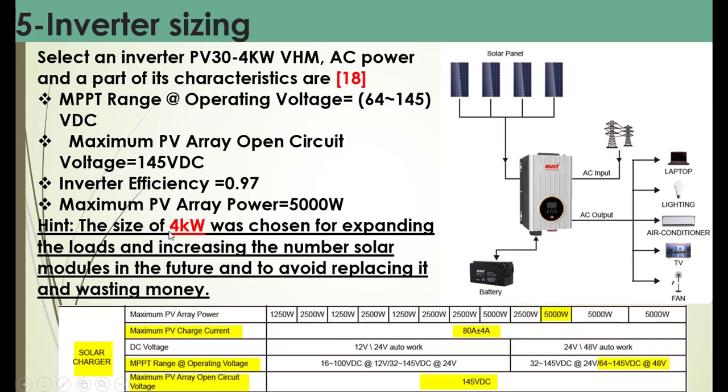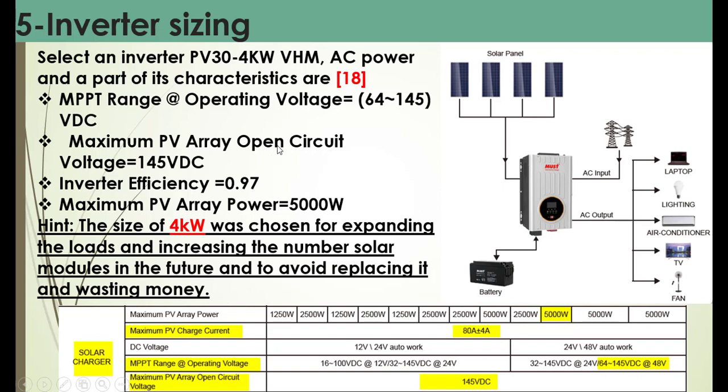I will put this hint: the size of 4 kilowatt was chosen for expanding the load in the future and increasing the number of solar modules, in order to avoid replacing the inverter and wasting money.